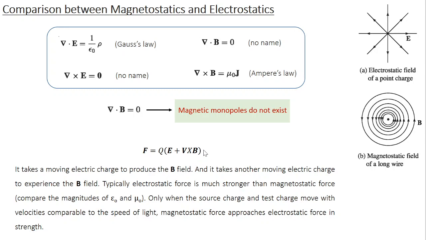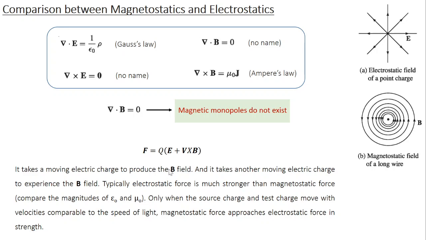Whereas in the case of a magnetostatic field, you have a factor of mu naught by 4 pi. The magnitude of mu naught is 10 to the power minus 7. So you are comparing 10 to the power 12 versus 10 to the power minus 7. You can make out that the electrostatic field is much stronger compared to the magnetostatic field.